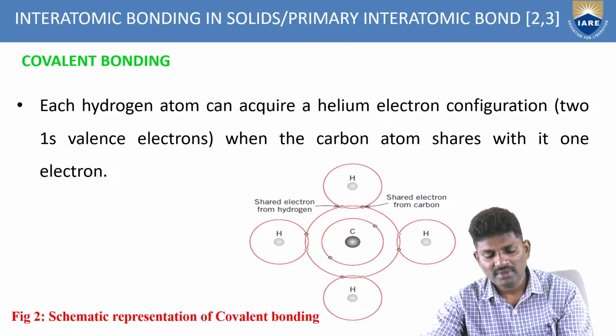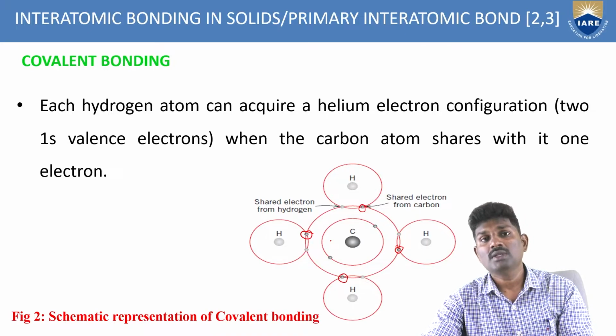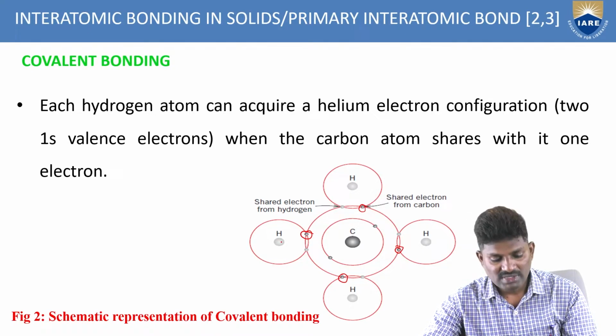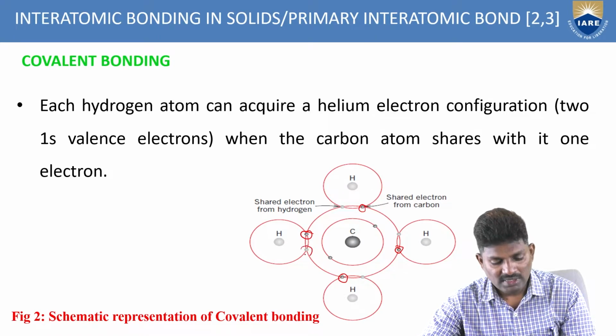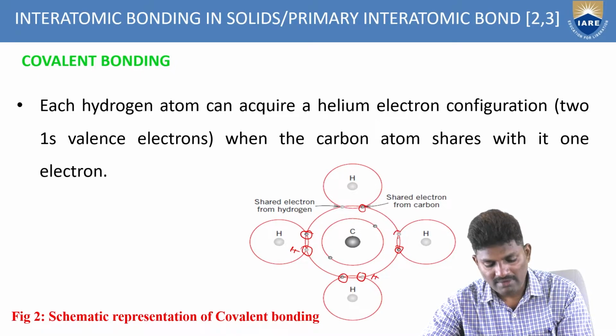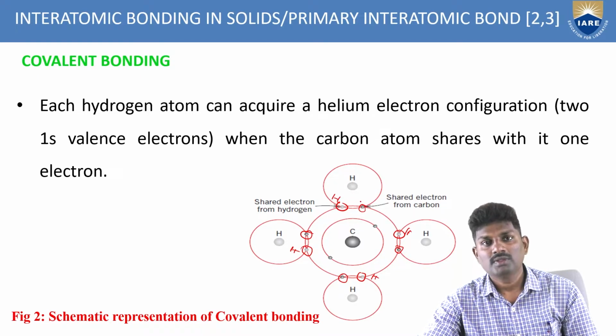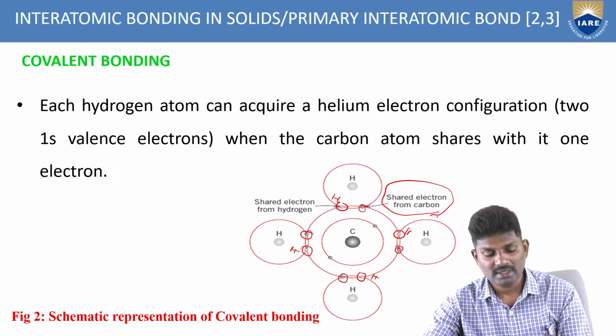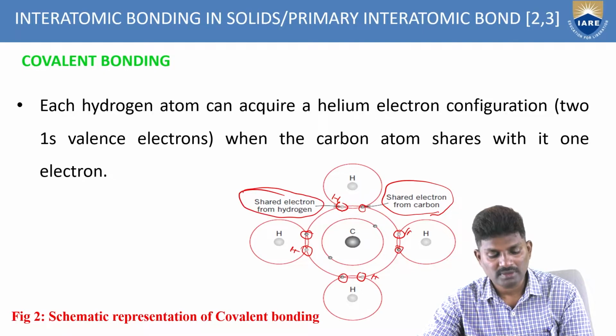Since we have here in the outermost shell 1, 2, 3 and 4, total 4 valence electrons on the carbon, and in the hydrogen, each has only 1. See the figure clearly here: shared electron from carbon and shared electron from hydrogen.